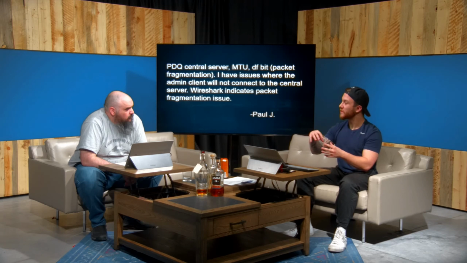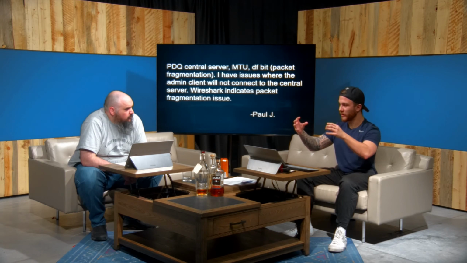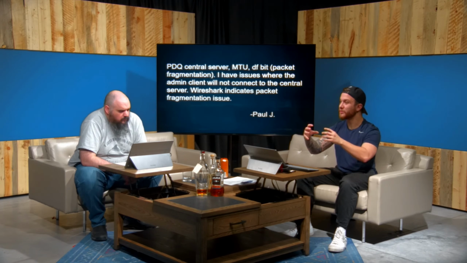MSS clamping takes the TCP header and makes sure it's a specific size that you set, which will make your MTU lower. Because if your MSS is lower, then everything underneath MSS from layer 5, 6, 7 will be lower, therefore making your MTU lower, if I'm making any sense.